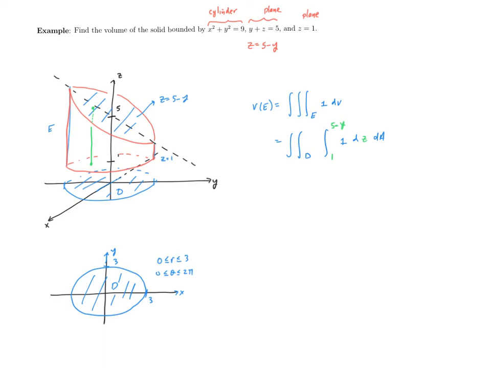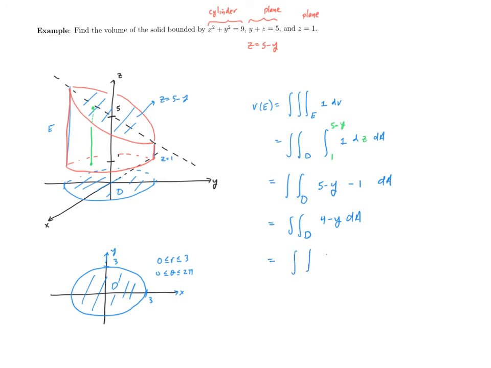To convert into polar coordinates, I'm going to first take care of the inside integral. The antiderivative of 1 is z. We substitute in 5 minus y, we put a minus sign, and we substitute in 1. That is to say it's the double integral over D of 4 minus y. To convert it into polar coordinates, remember the y is going to become r sine theta, the dA becomes r dr d theta, and we add in limits of integration.